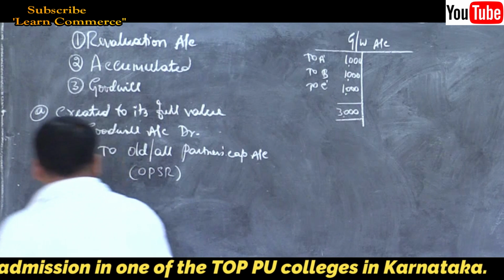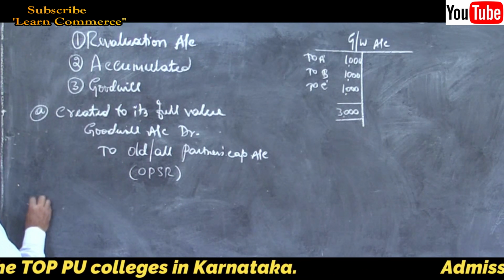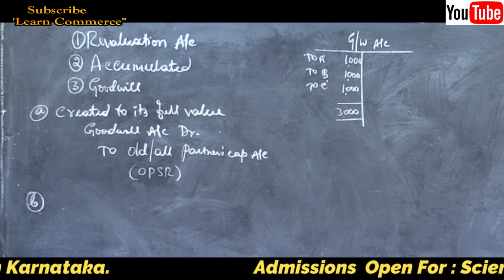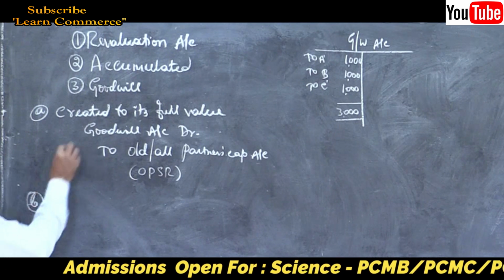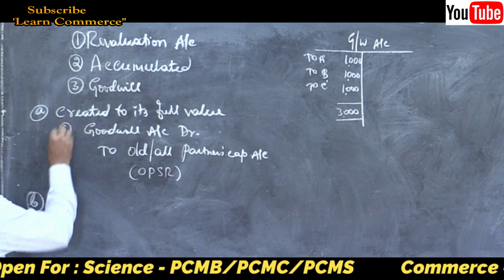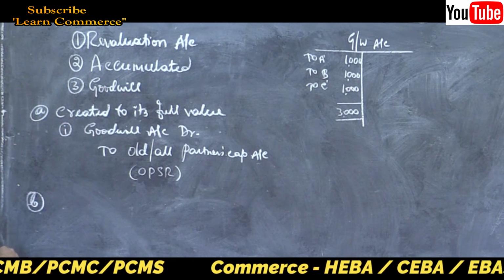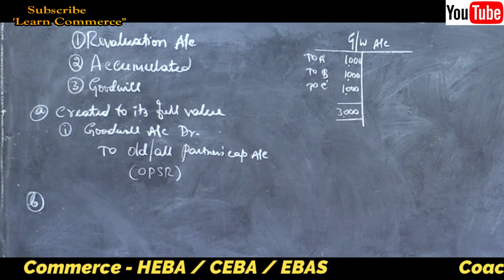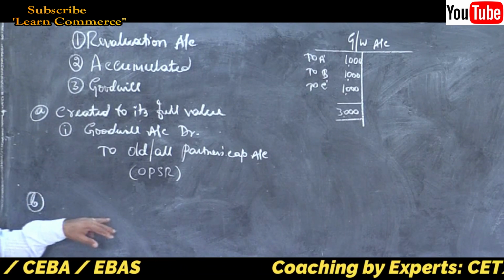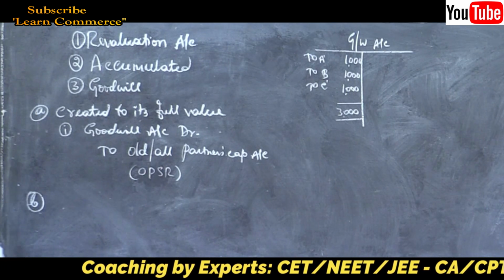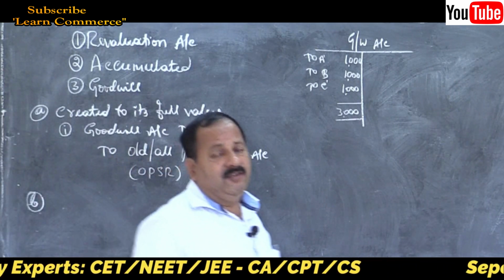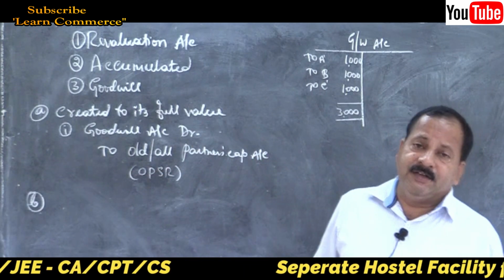Now, second method, under method 2, that is B. This is the first method, under that only one entry. Under B, the method is goodwill is created to its full value and written off after the retirement of the partner.